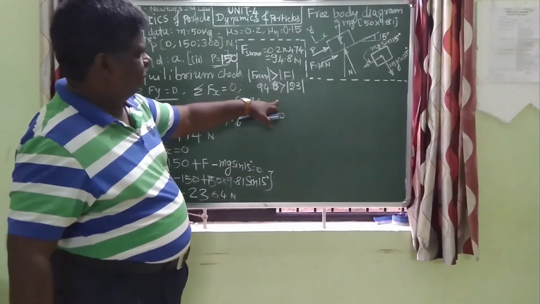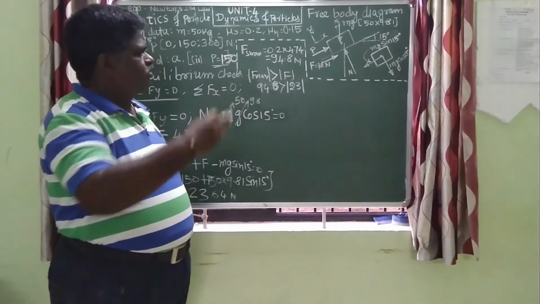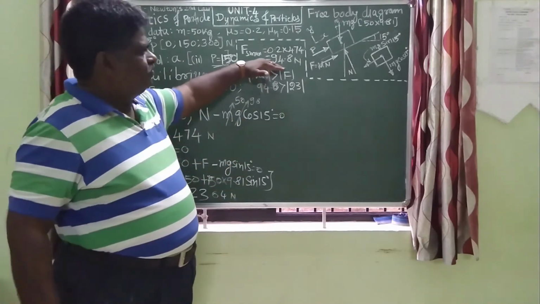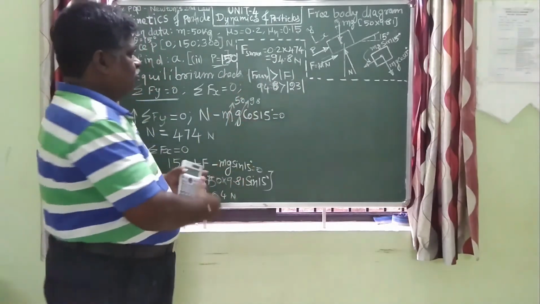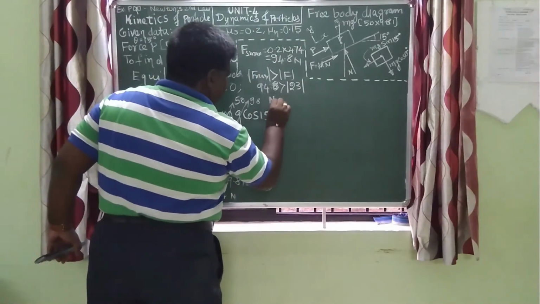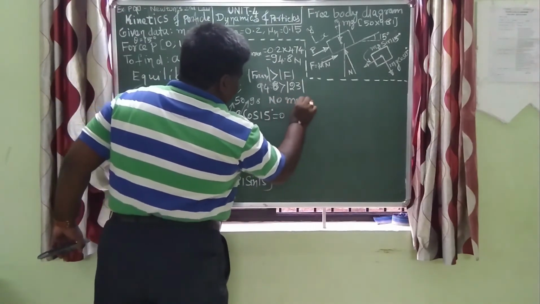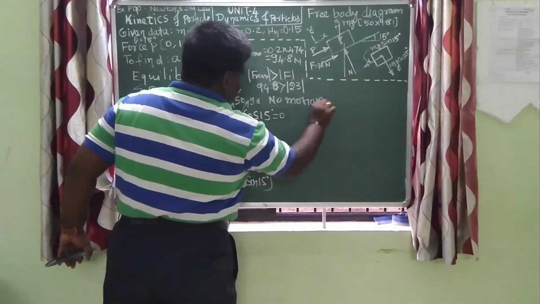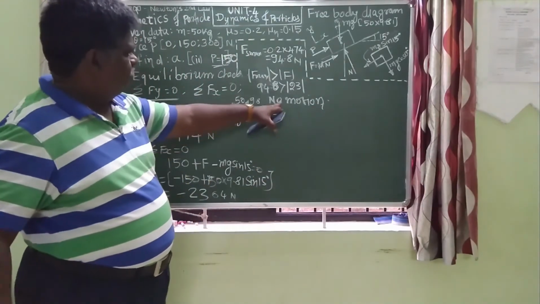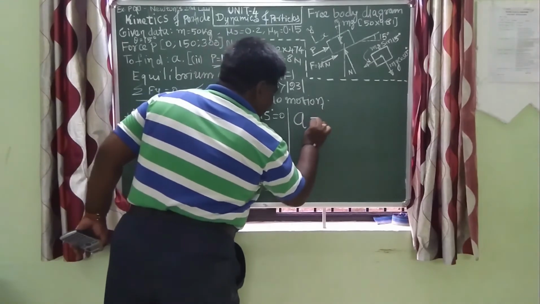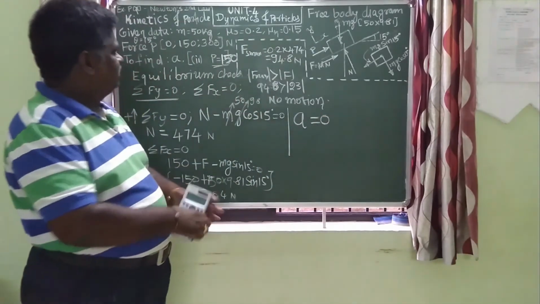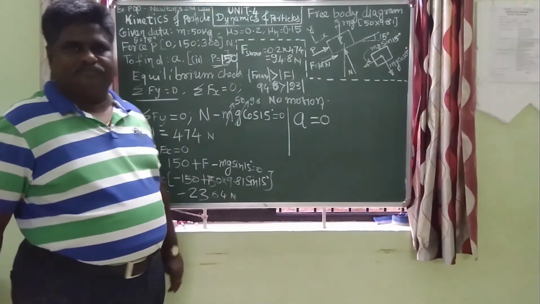Based on this condition, there is no motion; the frictional force prevents the motion of the block. So as per the condition, no motion, and based on this, the acceleration is 0.